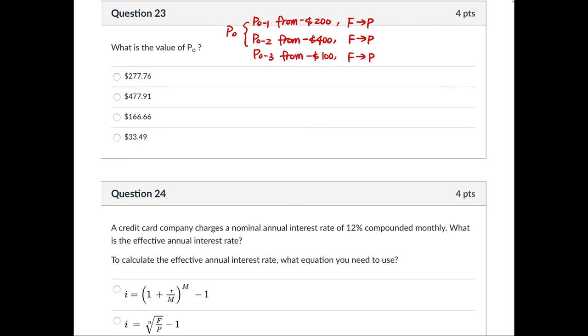Okay, among these answers, they're all positive, but actually it's an outgoing cash flow, so there should be a negative sign in front of it. But since all the cash flows are negative, we don't have to differentiate the negative from the positive.